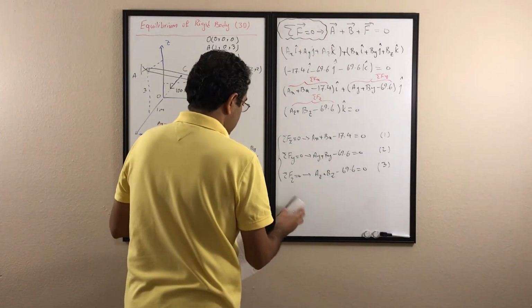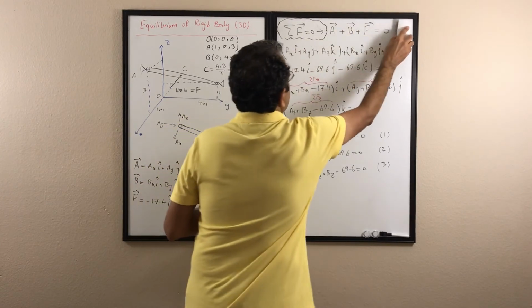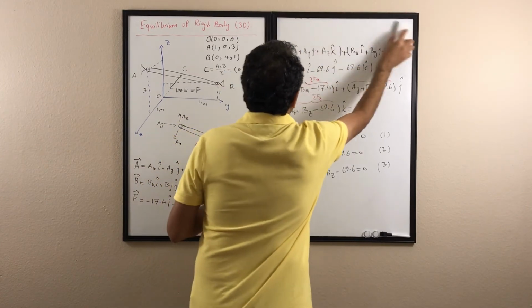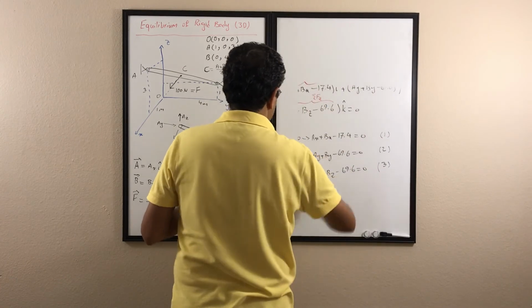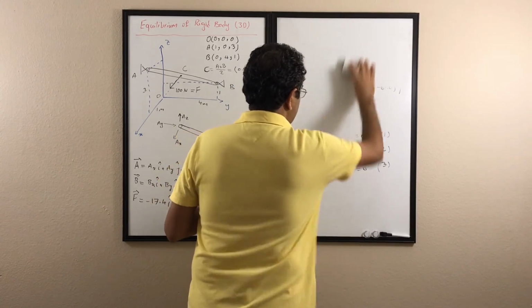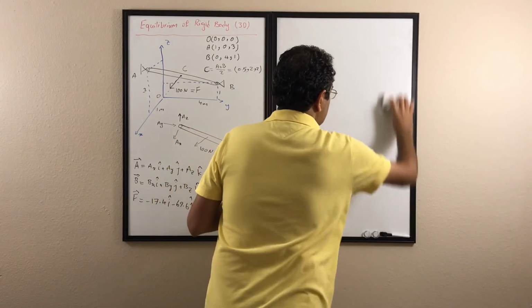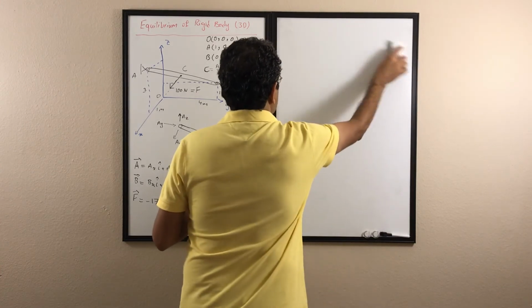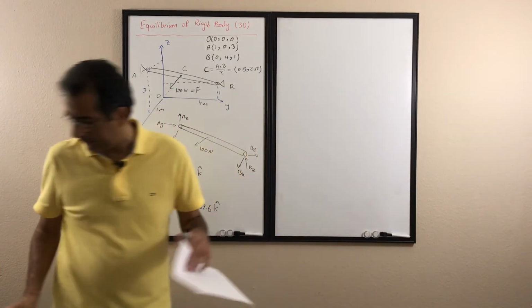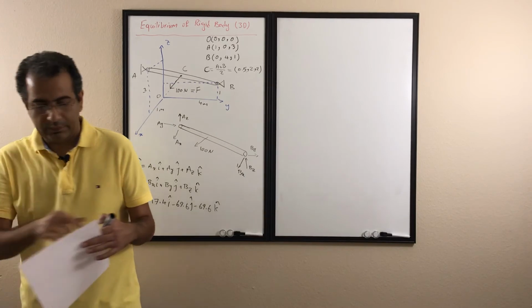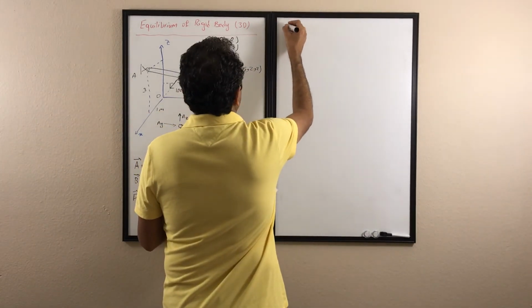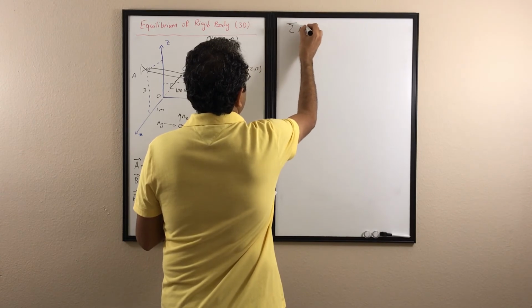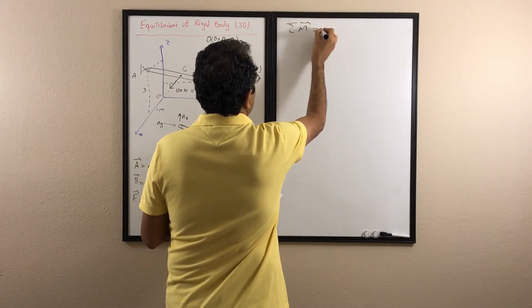So I'm going to start to write it here. I'm going to write sigma M is equal to 0.